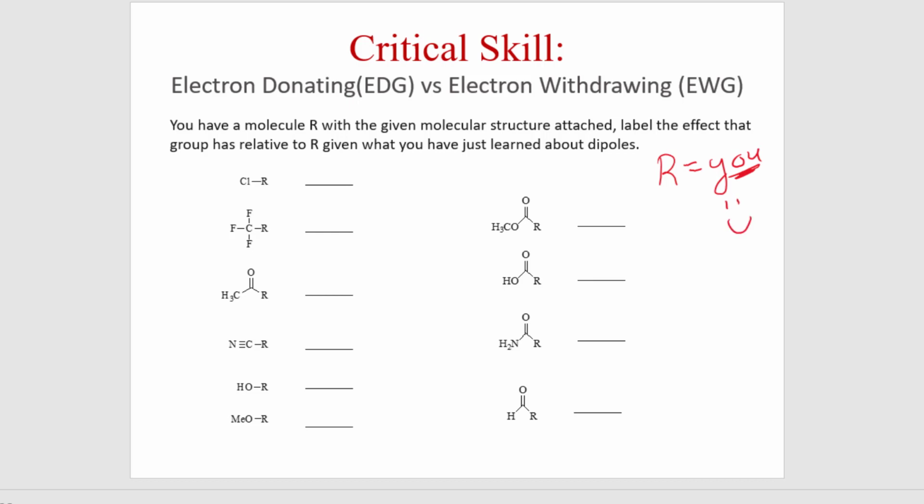I want you to figure out what that group is doing relative to you, being the R group, okay? Similar to the one that we just did, I'm going to do this one with you down here.